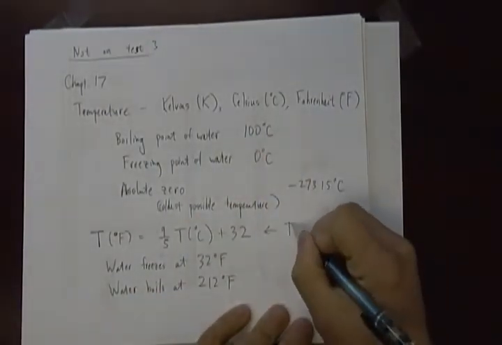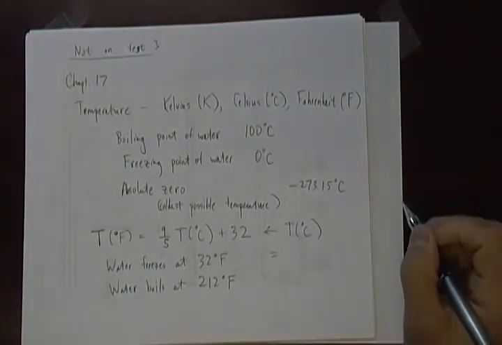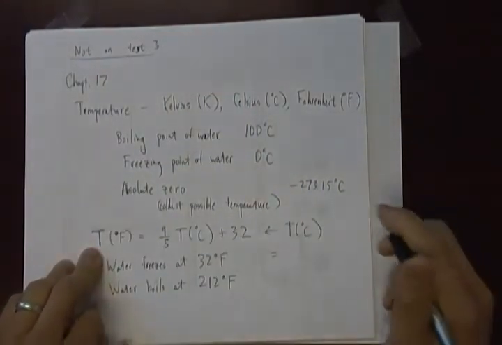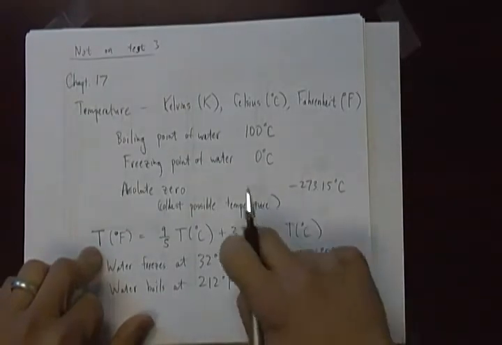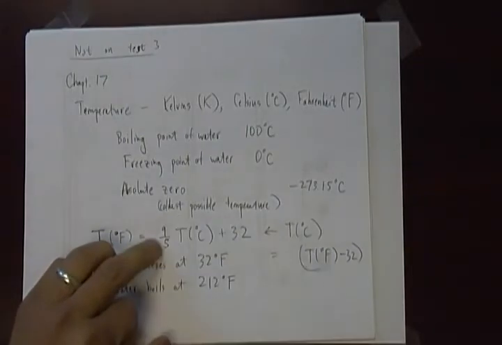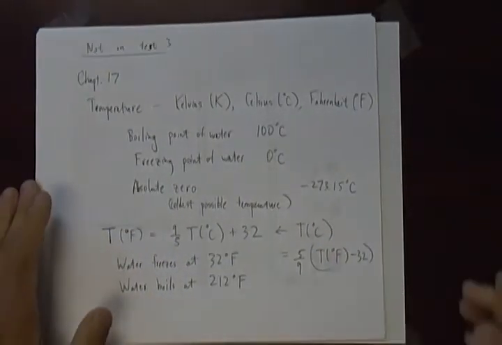If I want to calculate the temperature in Celsius from the temperature in Fahrenheit, then I have to just invert all this. So I have to subtract 32 from the temperature in Fahrenheit, bringing the 32 to the other side. And then I have to get rid of the 9/5 by multiplying by 5/9.